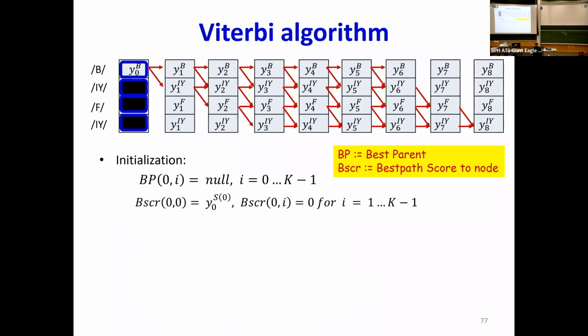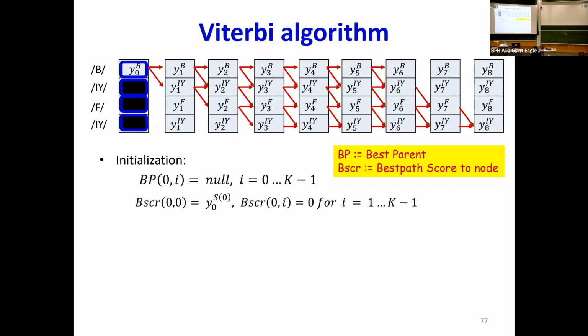At each node, I'm going to keep track of two things. Who was my best parent, and what is the best path score to the node? So if I start now in the first column, I'm going to say the best path score to every box except the very top left box is 0. So all the boxes which have been blacked out have 0 best path score. That's because there's no way the alignment can begin in those boxes.